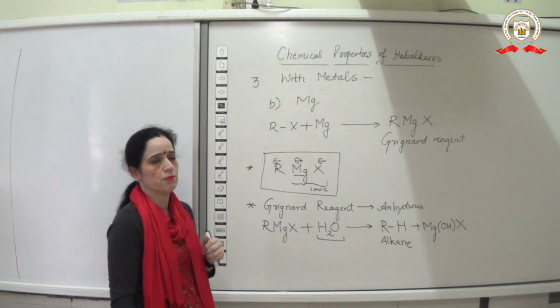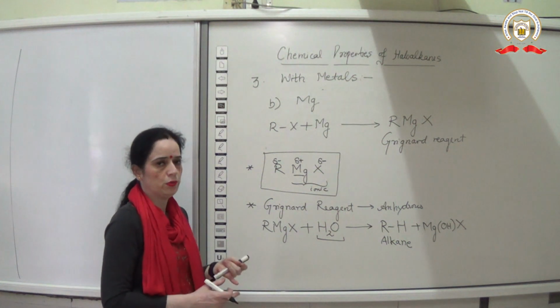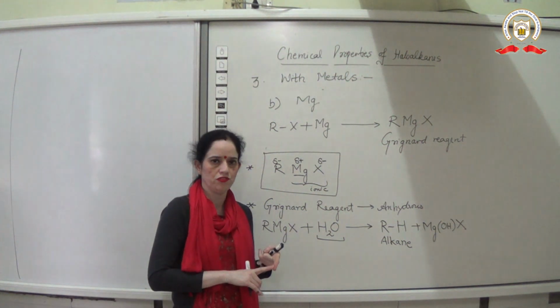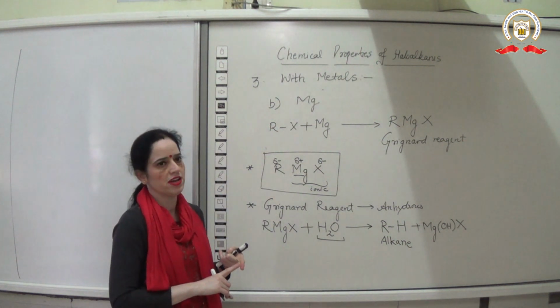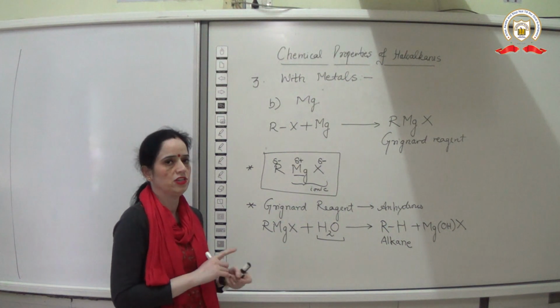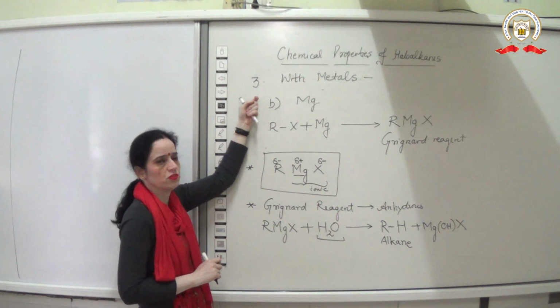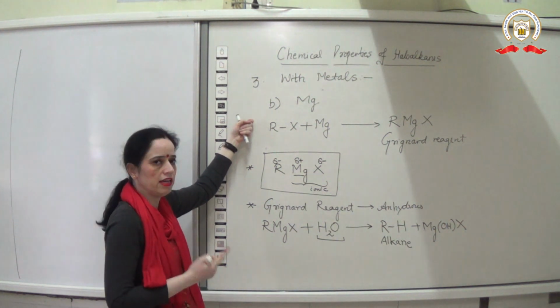So these are the chemical properties related with the metal part. In the chemical properties of haloalkane, the first is nucleophilic substitution, second is elimination reaction, the beta elimination where we deal with the Saytzeff rule, and the third is reaction with metal. Metal is Mg and Na.